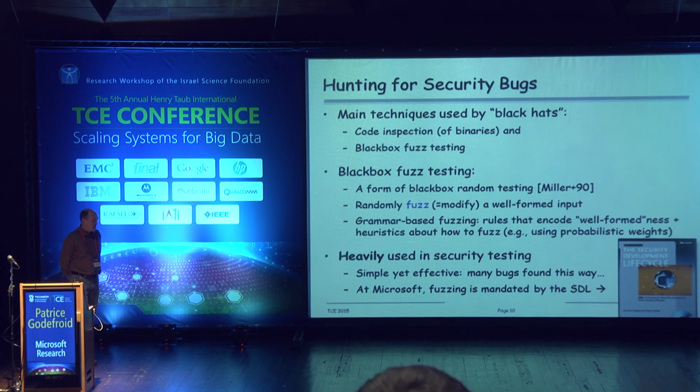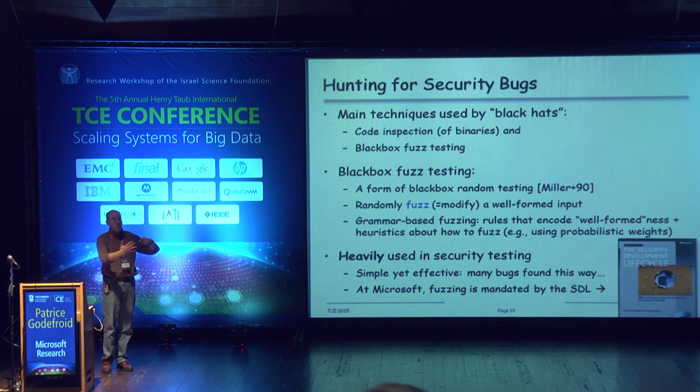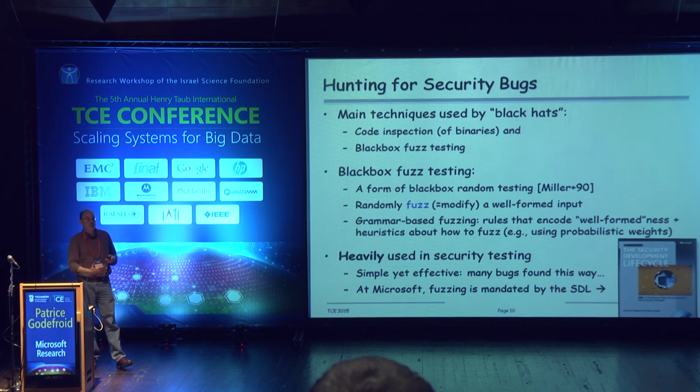At Microsoft, fuzzing is mandatory for every untrusted interface of every product. Every product, in principle, has to have a review at the architectural level, where, from a security point of view, all the untrusted interfaces of the product are identified, meaning where you can take in untrusted data. And then fuzzing is mandatory at those interfaces.